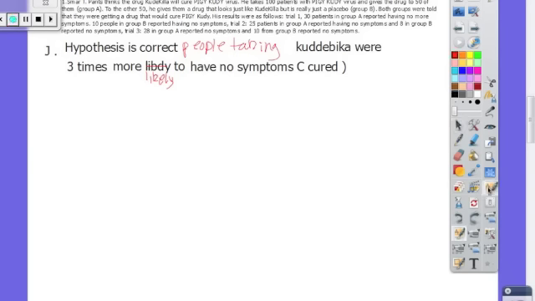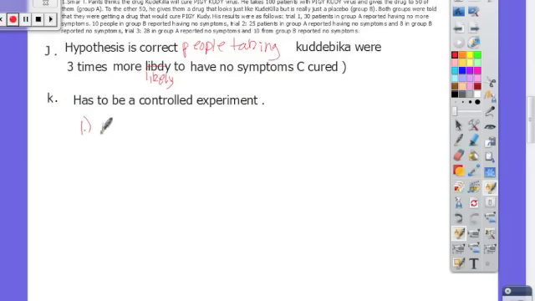So for K, for an experiment to be considered scientific or valid, it has to be a controlled experiment. And controlled experiments have several components, but we're going to cover some here.